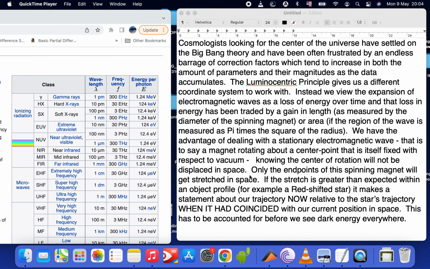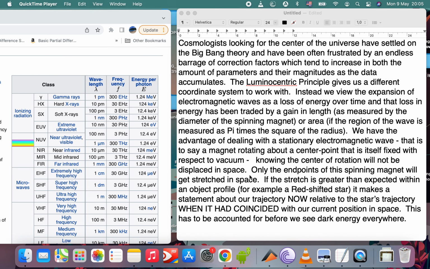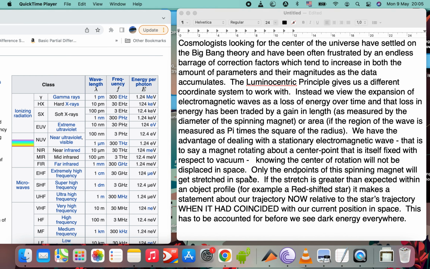So what we're really measuring with the Doppler effect for light, if there is one, is the relative speed of two trajectories, if you will. It's really our speed, right?